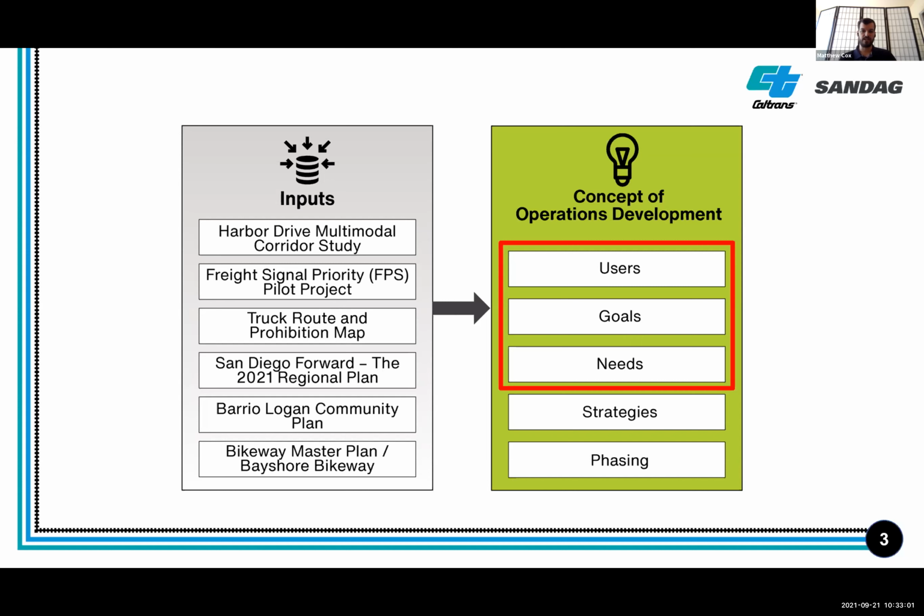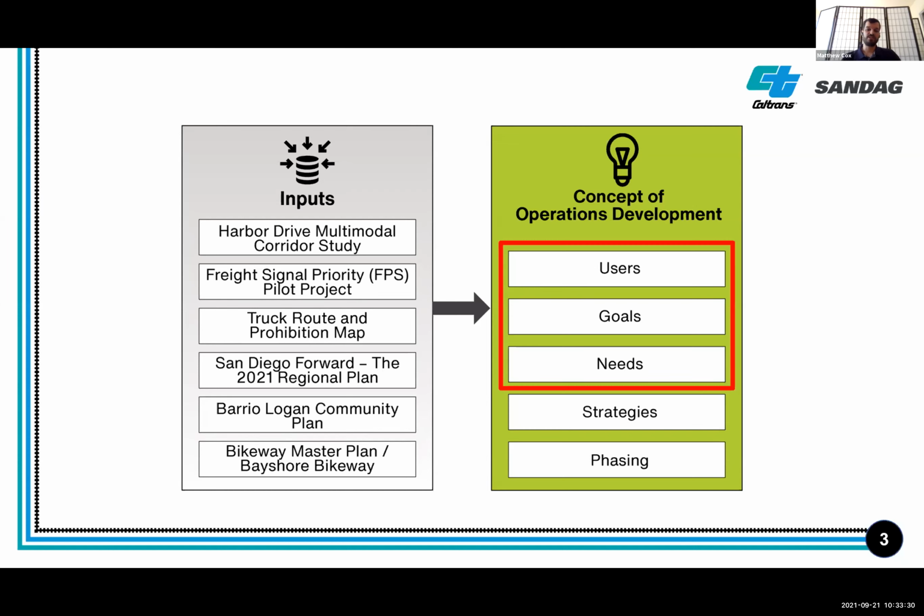And then the final two boxes are strategies and phasing. So these are going to be in the final concept of operations, where we discuss the potential technology solutions to improve corridor operation. And I want to emphasize again that this concept of operations is really based on improving the technology aspects rather than the physical aspects, which are important, but not the focus of this concept.